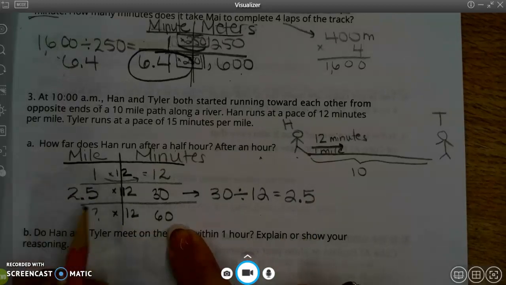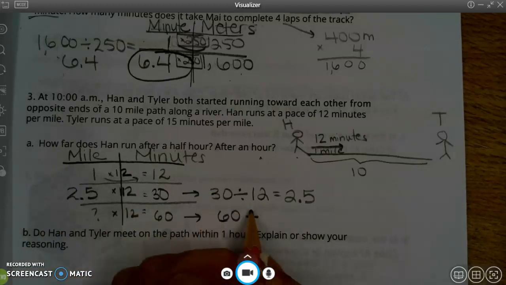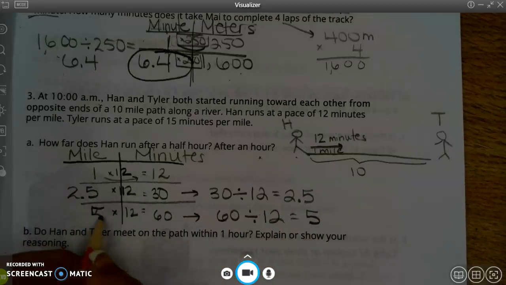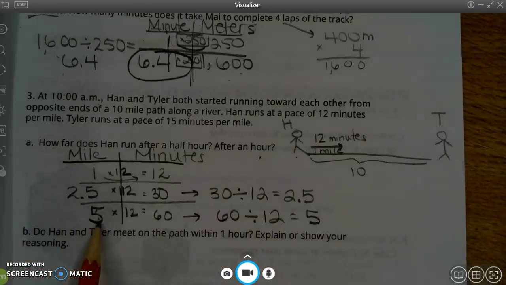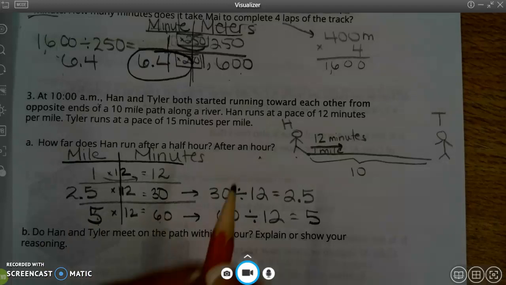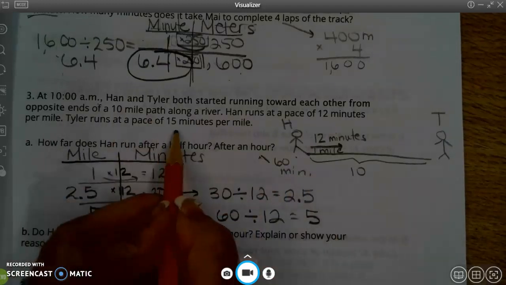Same thing here. Some number of miles times 12 would equal 60. So I'm going to rewrite that as 60 divided by 12, which equals 5. Han would go 5 miles in 1 hour. Because remember, 1 hour is 60 minutes, and half an hour is 30.